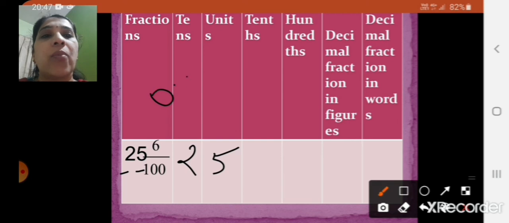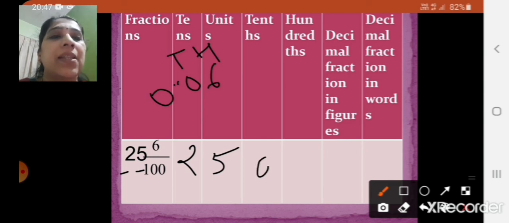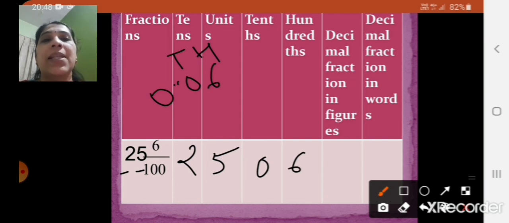After the decimal point the places start from tens, so 0 will be in the tens place and 6 will be in the hundreds place. Now 6 upon 100 means it is 0.06, right?